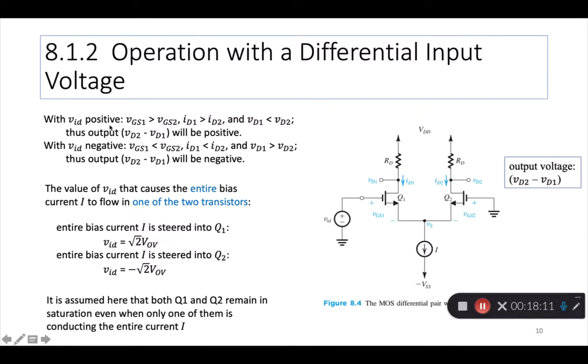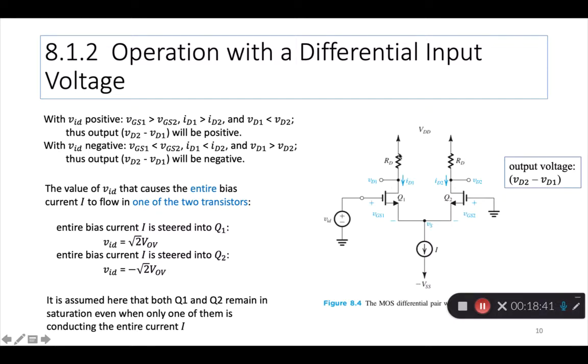So if VID is positive, as shown in this configuration, then VGS1 is higher than VGS2, right? Because this is going right here and this point is common to both. So this higher voltage makes VGS1 higher. That means this drain current ID1 is higher than ID2.